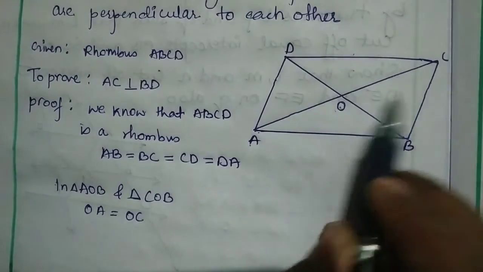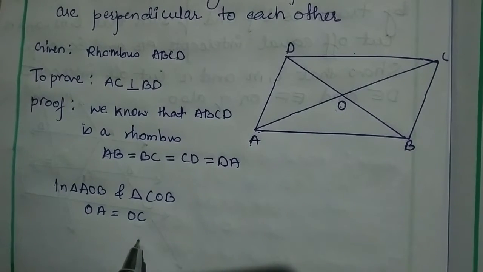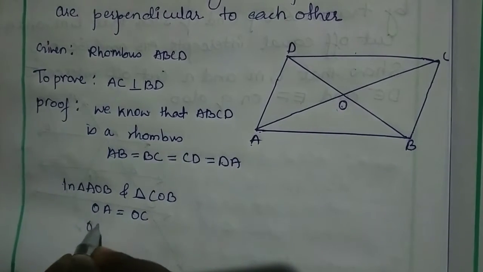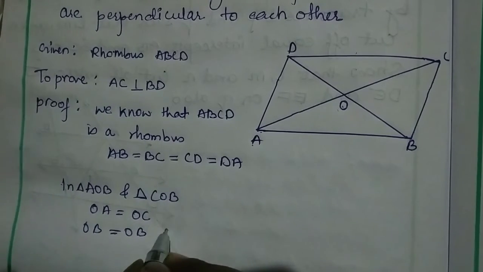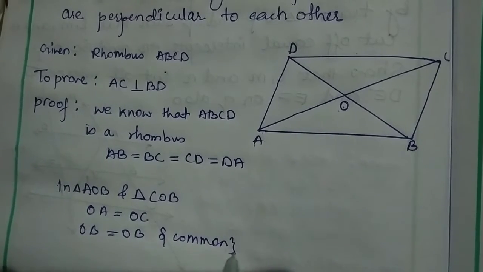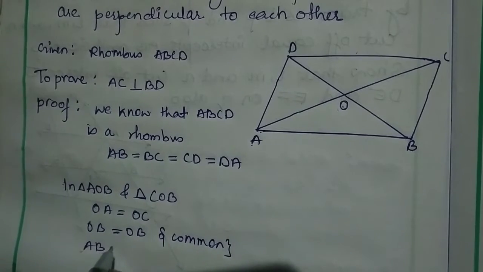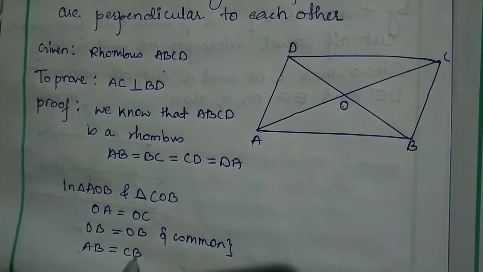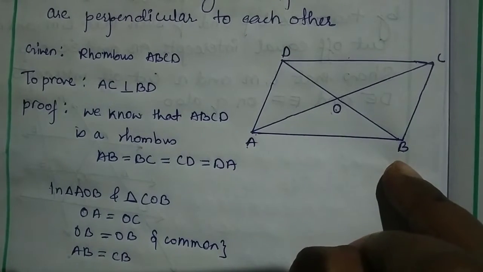OA equals OC, as this is a diagonal. OB equals OB, which is common for both triangles. And AB equals CB, as the sides of the rhombus are equal.